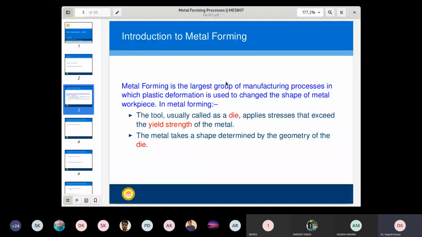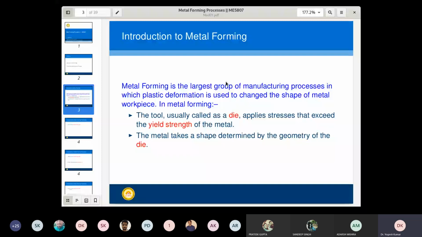So it is important to note that this course, metal forming processes, is one sub-branch of manufacturing processes, which is also called mechanical working or metal forming processes. Then in manufacturing processes, we might have studied powder metallurgy and plastic technology.